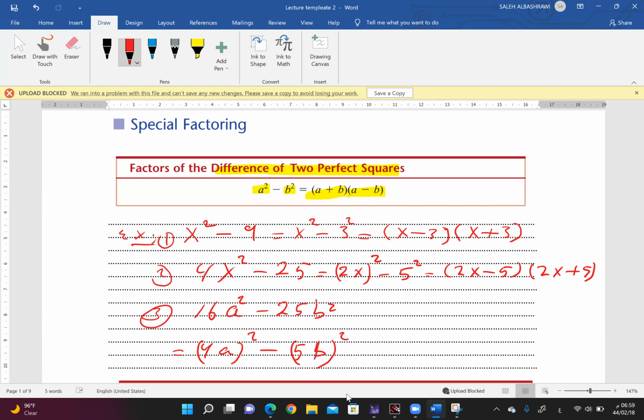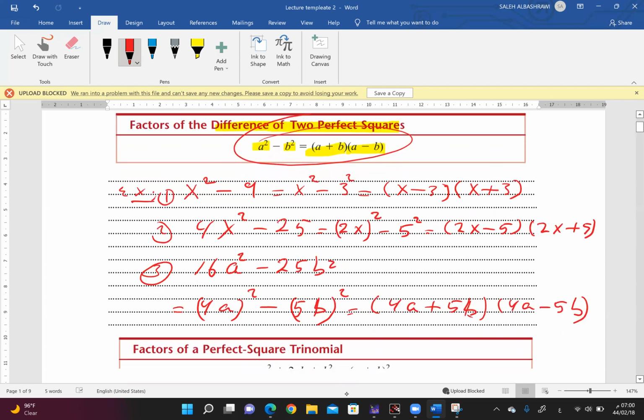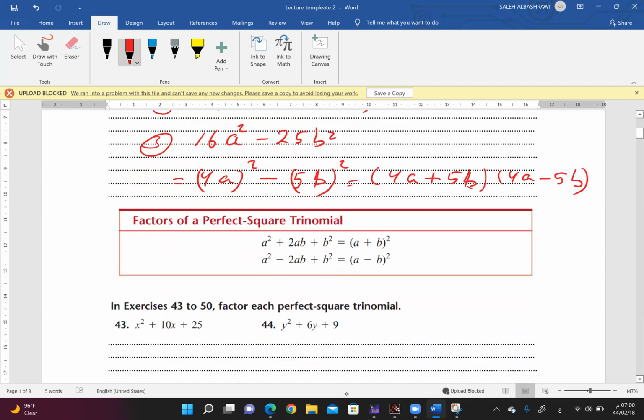That is a difference between two squares that can be written as 4a plus 5b multiplied by 4a minus 5b. So this is the first special factoring. If we have a difference between two perfect squares, then we can write it as a plus b and a minus b.